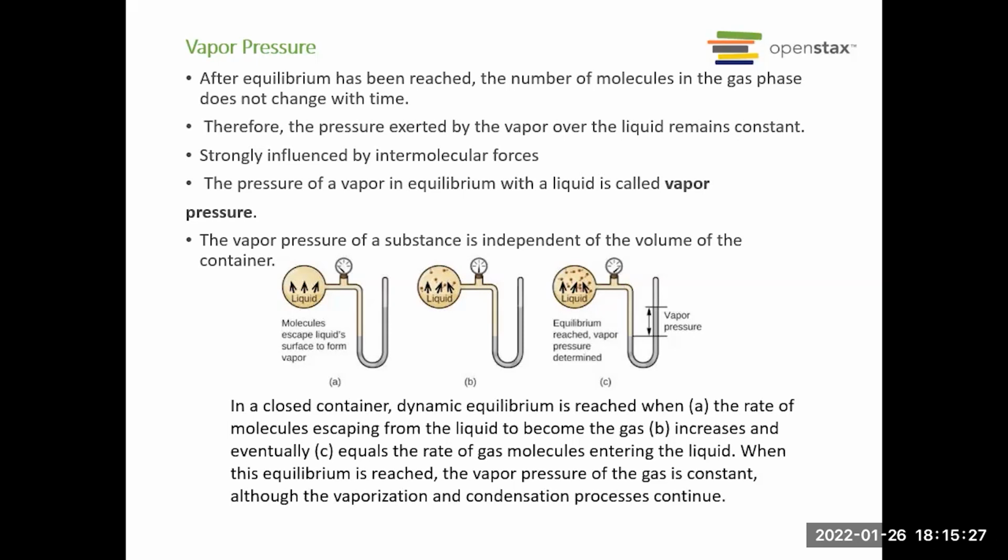So, for instance, if we take a look at the vapor pressure above a lake, right? The vapor pressure above a lake reaches a state of equilibrium. So you have some of it that's going up into vapor, and some of it that's going back down into water. The rate of it going up and the rate that it's going down are going to be equal, as long as we don't mess with the temperature and keep that constant.